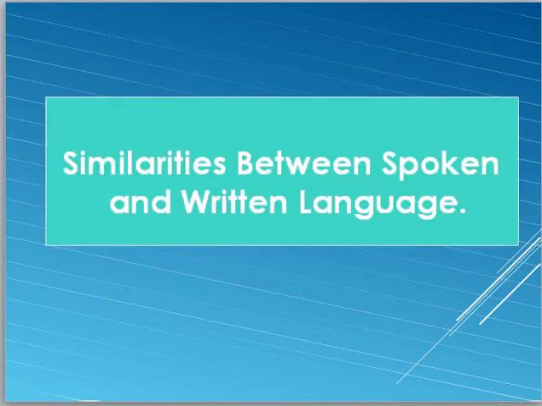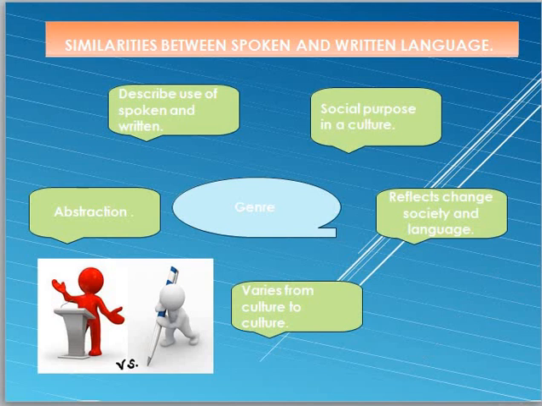There are some similarities of spoken and written languages. We can see over here there are some abstract things, genres, and they reflect changes in society and language, variation from culture to culture.